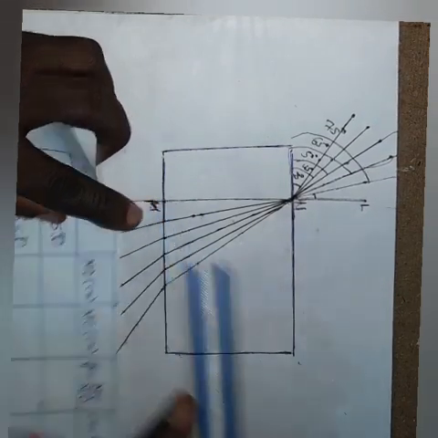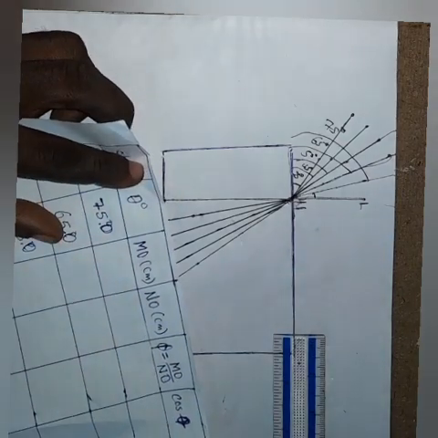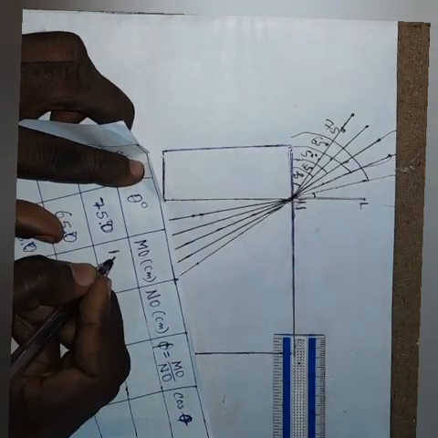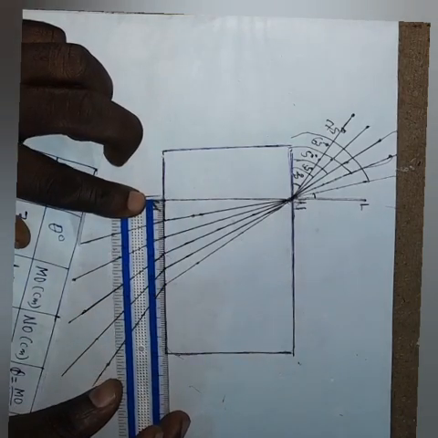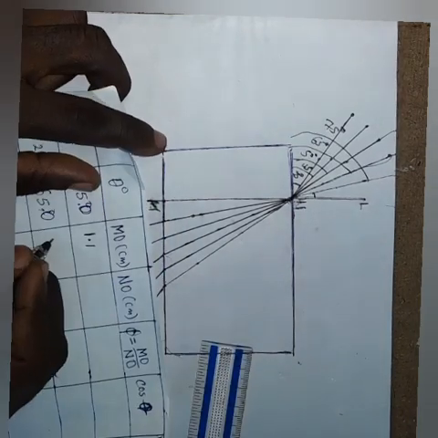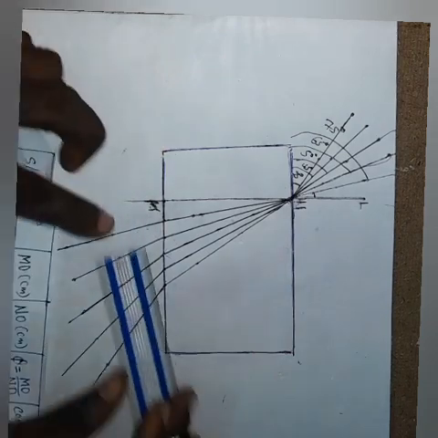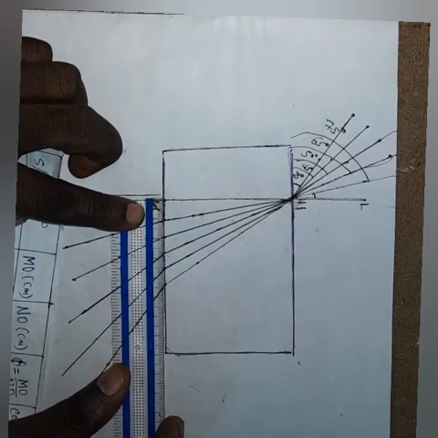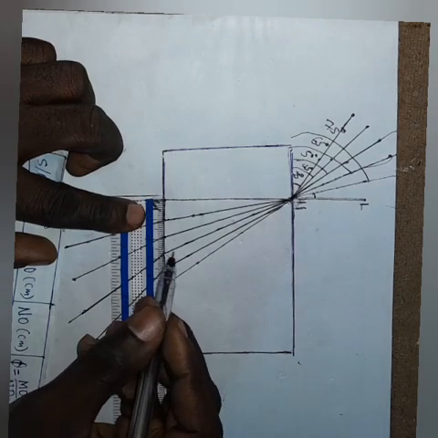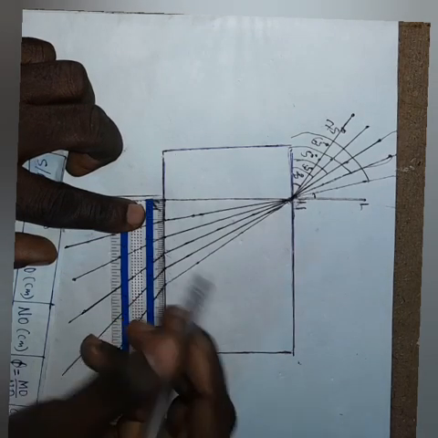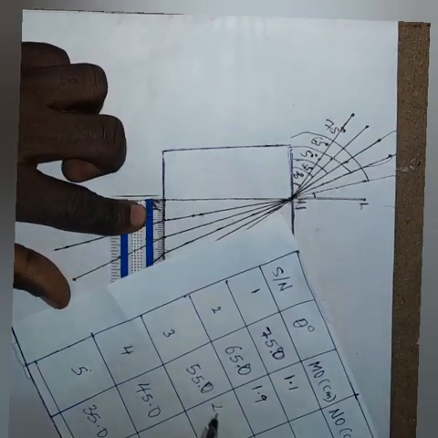So this is 1.1. This is 1.9. Okay. This is 2.1, 2.7.